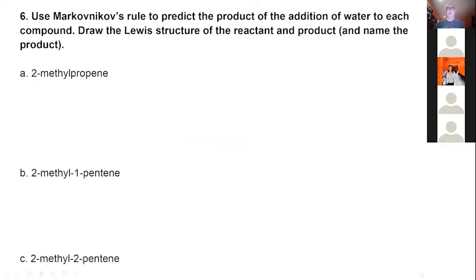What does that mean? It's the addition of water. Right. So actually, it's not just water. Water is the first one we learned about. But actually, Markovnikov figured out the rules of addition of a lot of things. But what we're learning about is water. Right. So water being added to what exactly?